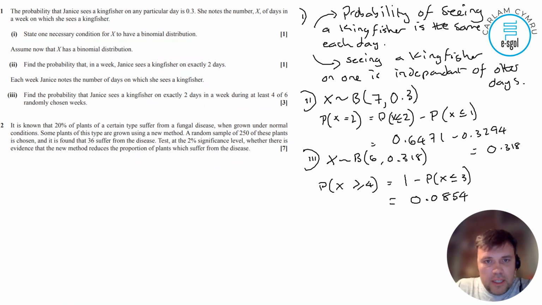A random sample of 250 of these plants is chosen, and it's found that 36 suffer from the disease. Test at the 2% significance level whether there is evidence that the new method reduces the proportion of plants which suffer from this disease. So again, going back to what we've done two slides ago, state what X is, the random variable. So X is the number of diseased plants.